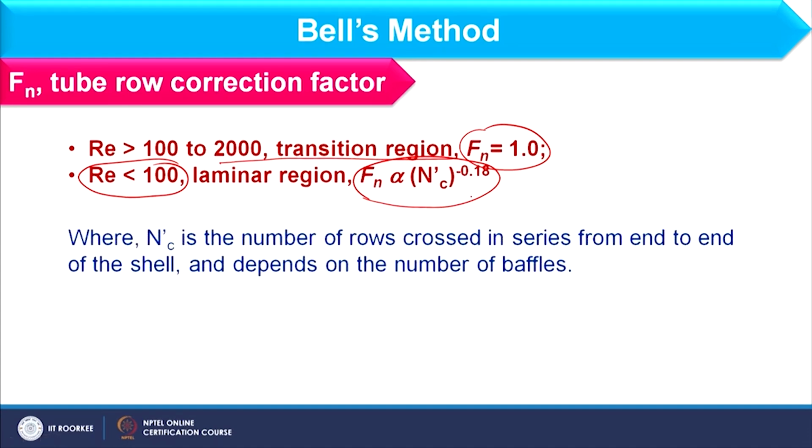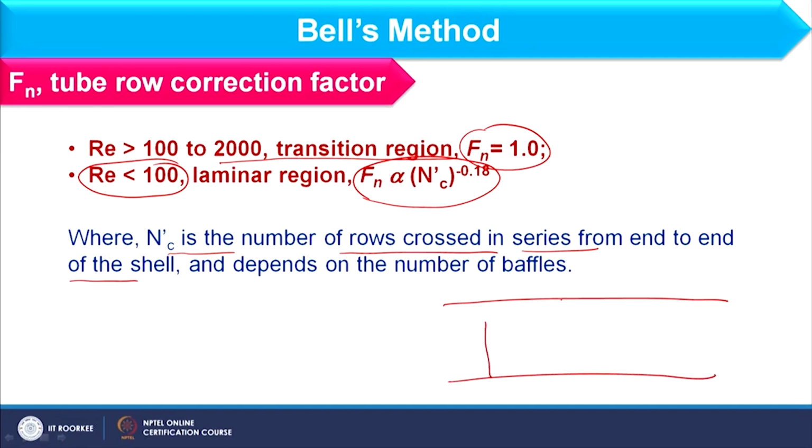Now, what is this NC dash? NC dash is basically the number of rows crossed in series from end to end of the shell. Like if you are having the shell, and here I am having the baffles like this. So, between baffle tips, here I am having NCV.